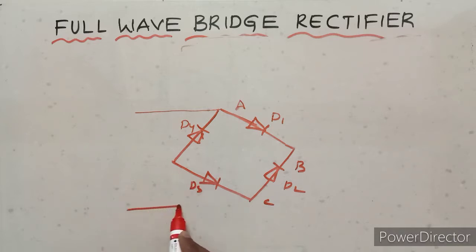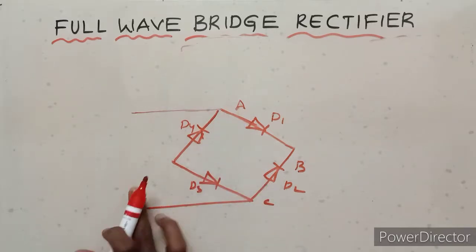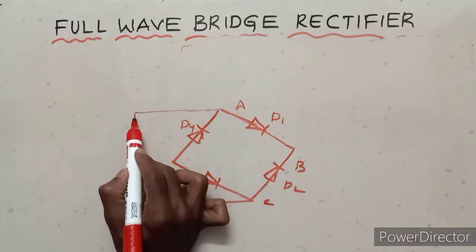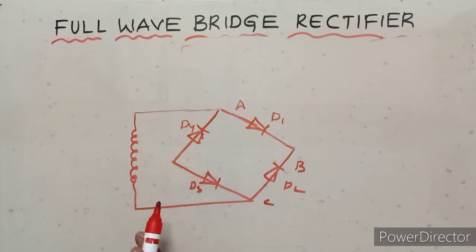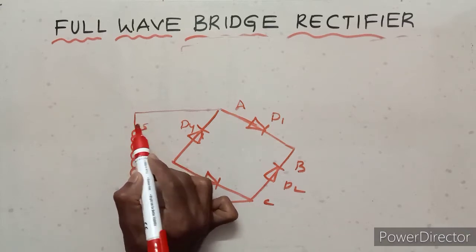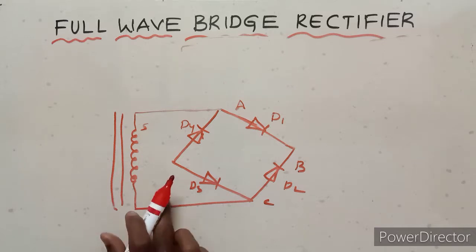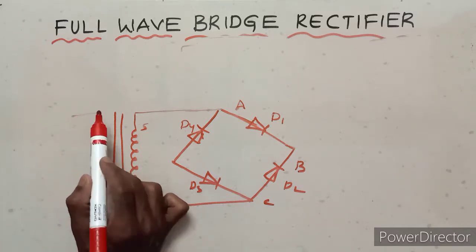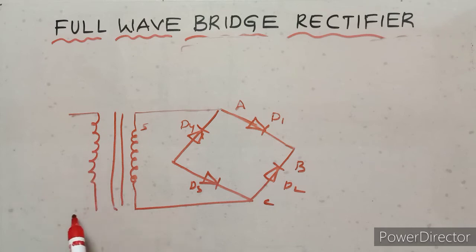A and C are connected to the secondary coil of the transformer. This is the transformer, this is the secondary coil, this is the primary coil.